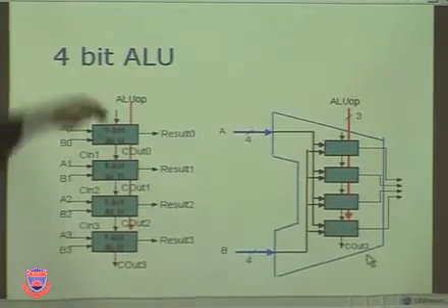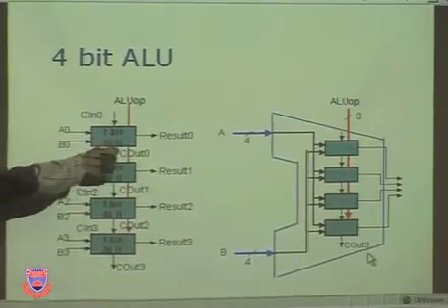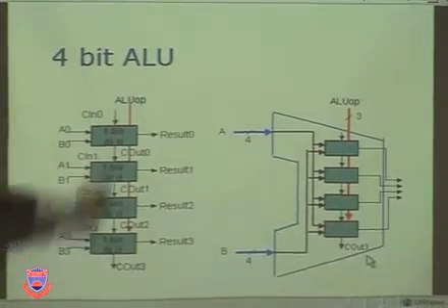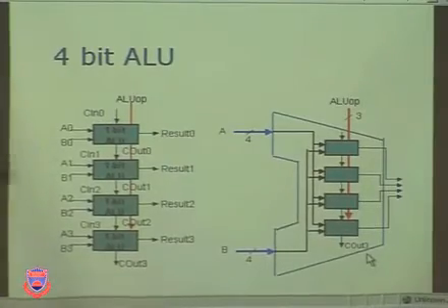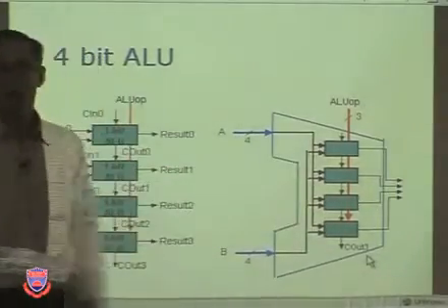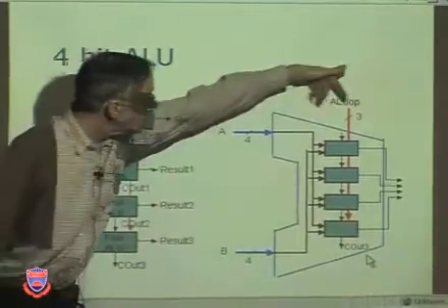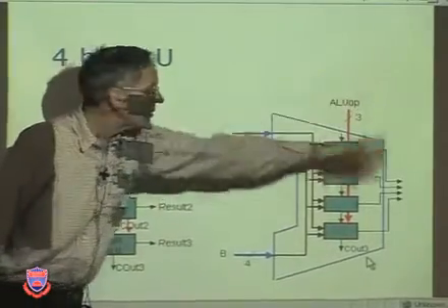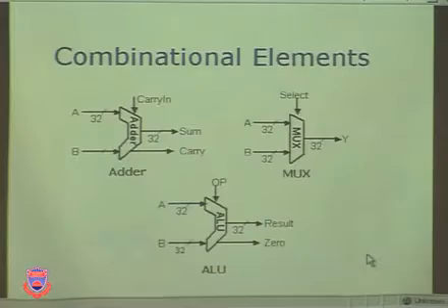Now, of course, one problem with the carry is we get, as you see here, ripple carry. The output of this is the input of this, the output of this, the input of this. So that's going to be a slow carry chain for addition. We'll have to speed that up somehow. But functionally, this will work. So the idea of how to do an ALU is 4 bits of A, 4 bits of B. You select which operation you want here, and you get some combination of operations from these individual 1-bit ALUs.